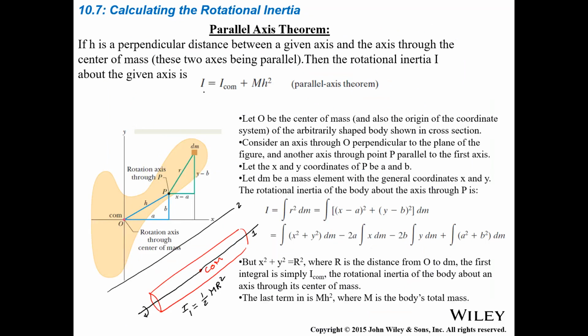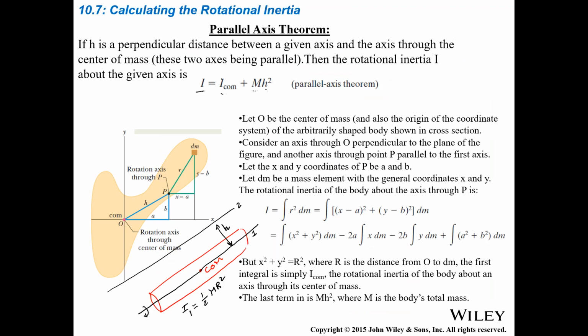So the parallel axis theorem tells me that the rotational inertia for any axis that is at a distance h from an axis passing through the center of mass, then the rotational inertia will be the rotational inertia for the axis passing through the center of mass plus the mass of the cylinder times this distance squared.